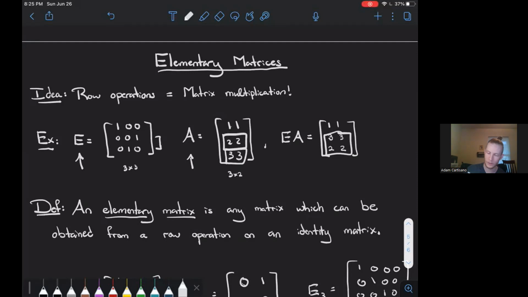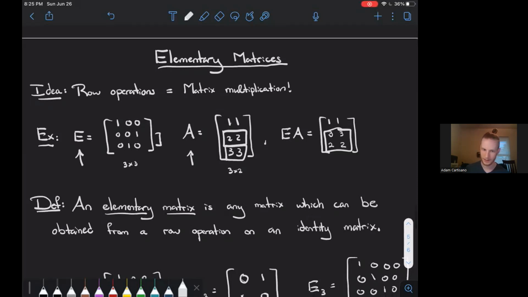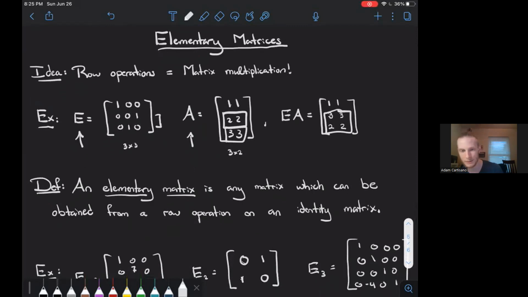The bottom 2 rows switched. That's all it was. So we did a row operation to the identity matrix of the appropriate size. Then we multiply it by A, and it did that row operation to A. Yeah, and in fact, that's where the definition comes from.